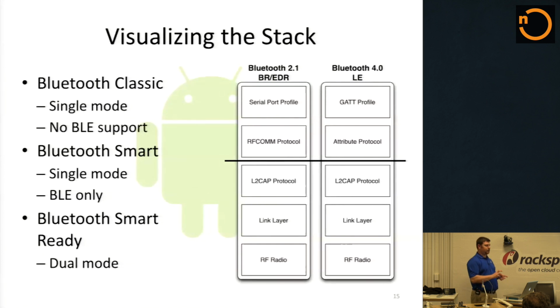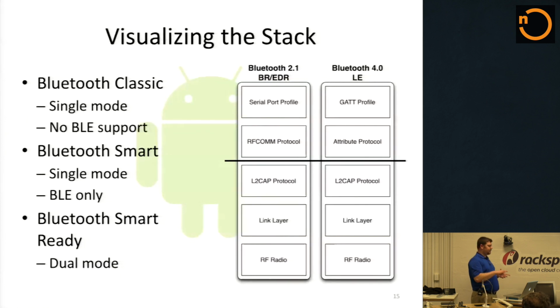So many devices will be what's called dual mode and will support both of these, where others may only be one versus the other. Now, in terms of marketing terminology, this is how that kind of breaks down. When you hear the term Bluetooth Classic applied to a device, that means that device is single mode and only supports the Bluetooth stack, probably up to Bluetooth 2.1.